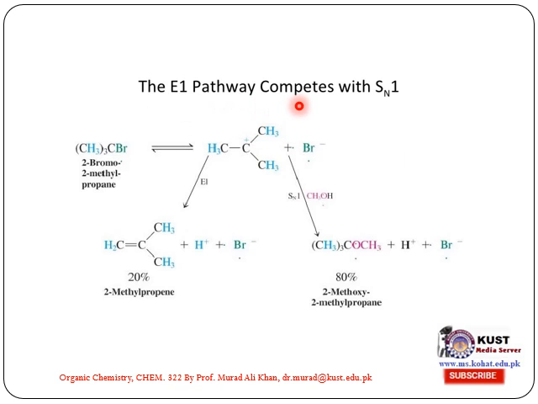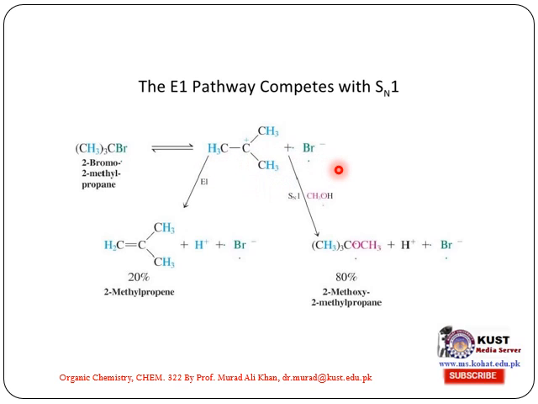The E1 pathway competes with the SN1 pathway. This is 2-bromo-2-methylpropane. The first step is the same. It is the formation of the carbocation, a tertiary carbocation.